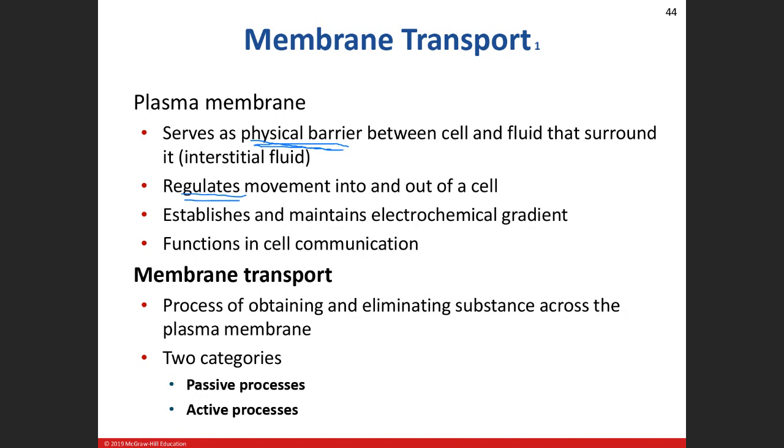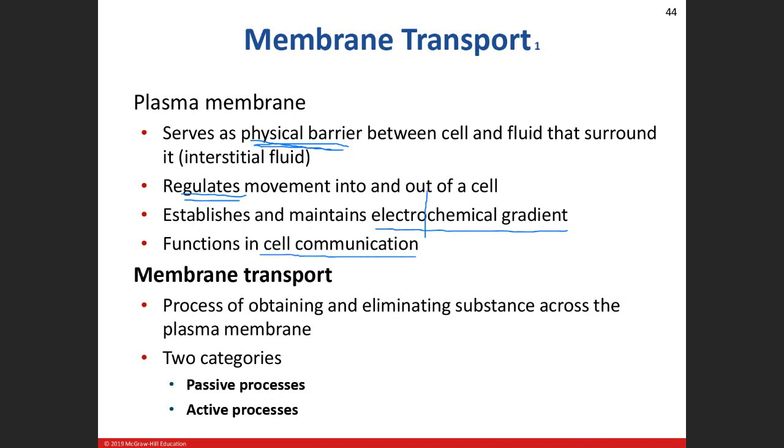Now, when we talk about certain types of cells, and especially when we get into the nervous system, we're going to talk about this next term, the electrochemical gradient. If you break that word down, electro and chemical, that means we're going to be dealing with literally electricity and chemicals. I know that seems very simplistic, but it'll make sense when we get into chapter 12. It also is huge for cell communication.